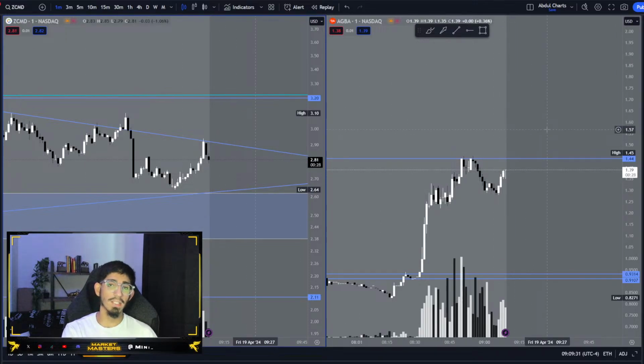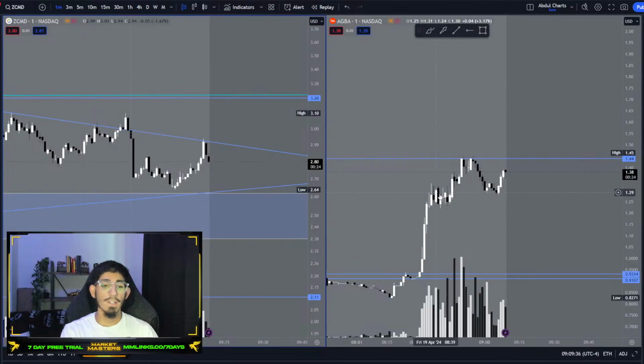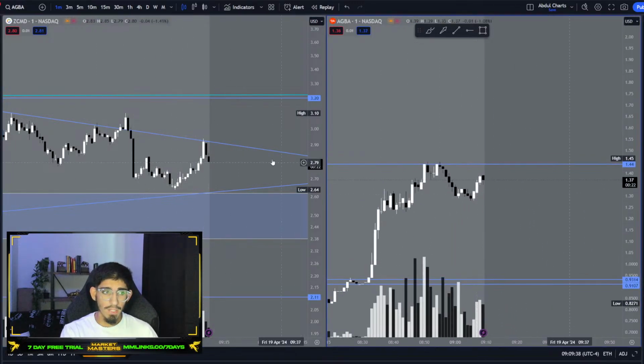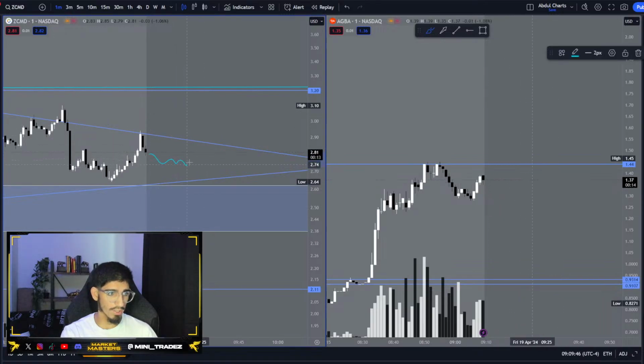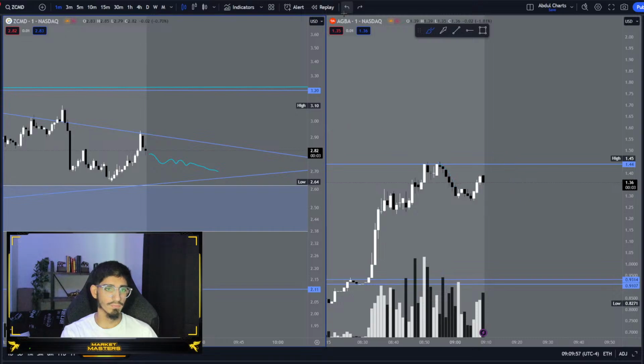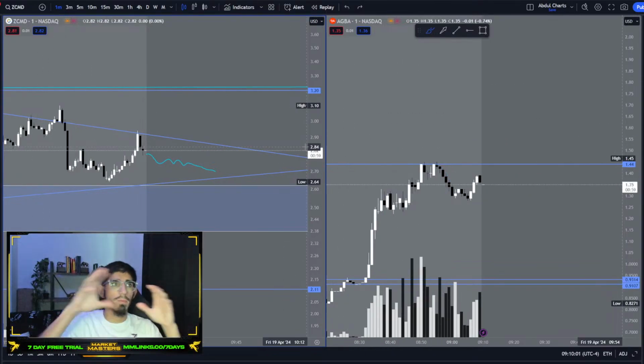Now, what's something you want to look for in ZCMD once volume rotates? If volume rotates into AGBA, but we see these key levels holding, then once AGBA dumps, we're going to look for volume rotation back into ZCMD. That makes sense? Retail volume is going to flip from here to here.